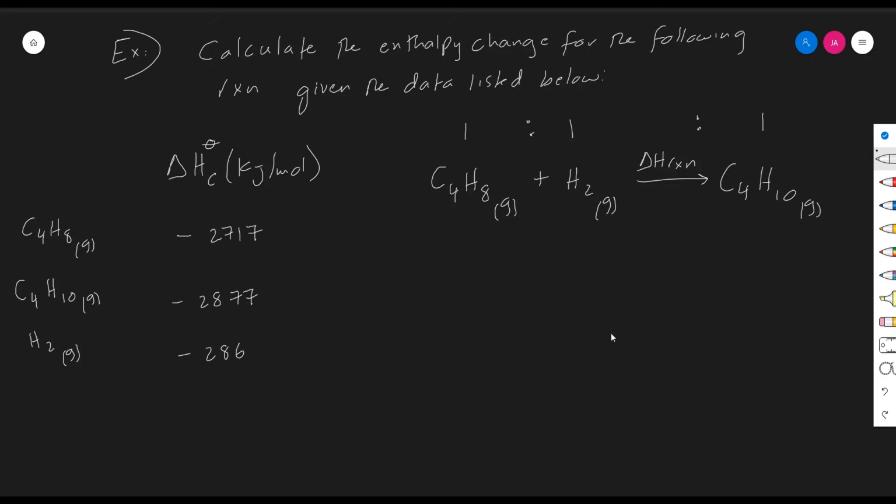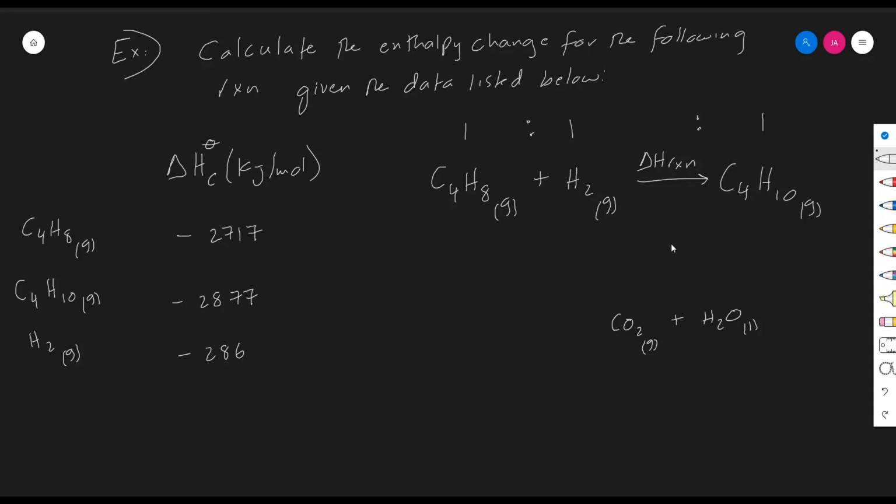The first thing to do to construct this cycle here would be to place CO2 and H2O intermediates, since we are given combustion values, plus H2O liquid. The CO2 and H2O should be balanced with the C4H10 as well as the C4H8 and hydrogen, but in order to do so, one would have to write the enthalpy changes of combustion of each one of these and calculate them, as I will show you how to do in next week's video.